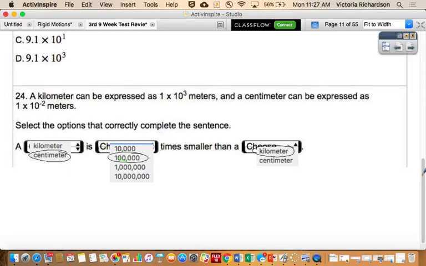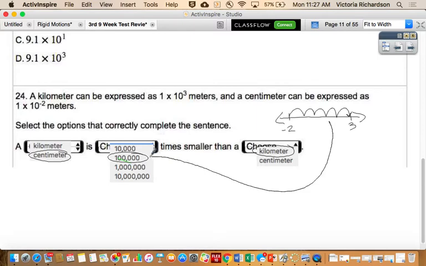If you're on a number line at negative 2, where the centimeter exponent is, and you're trying to go to 3, you would have to jump 1, 2, 3, 4, 5 times to get to 3. So those 5 jumps are the same as the 5 zeros in that answer. Every jump is an exponent. So your answer would be 100,000.